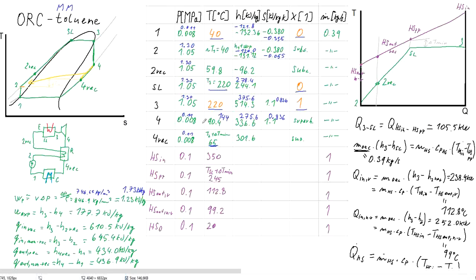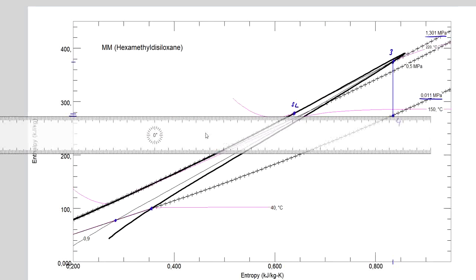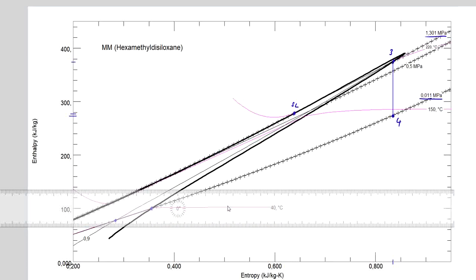So we have the pressure and temperature in the single phase fluid, and we get enthalpy for that, which will be 138.7 kilojoules per kilogram. It would be somewhere around here.